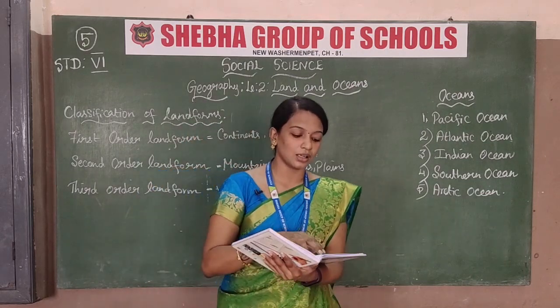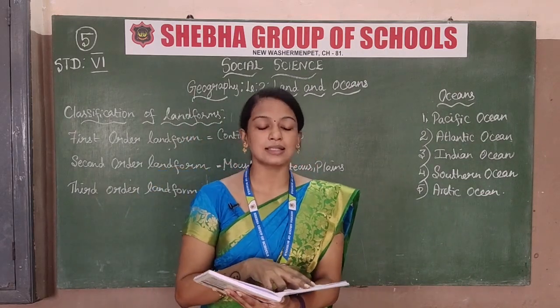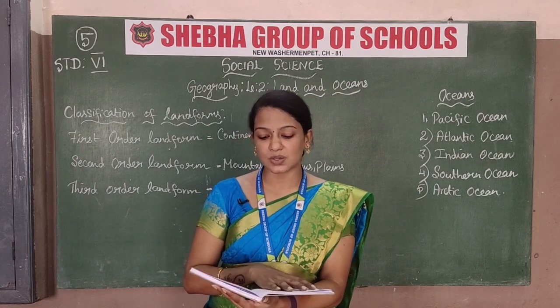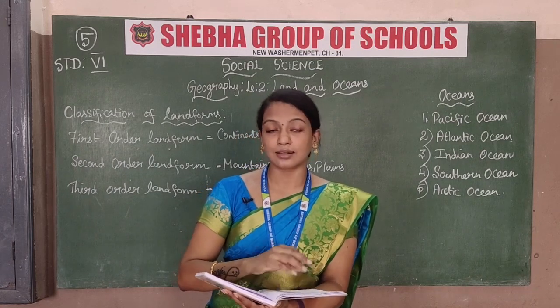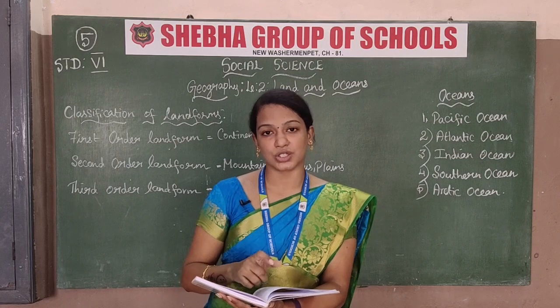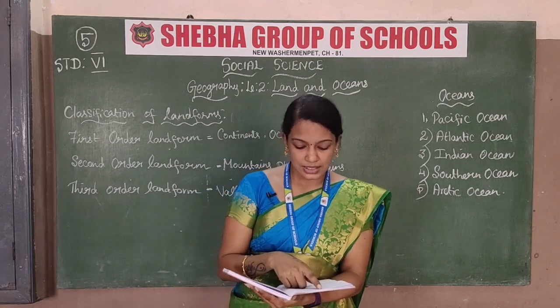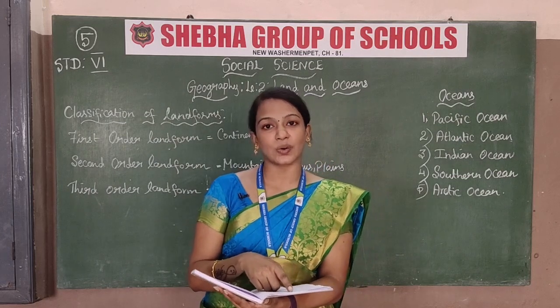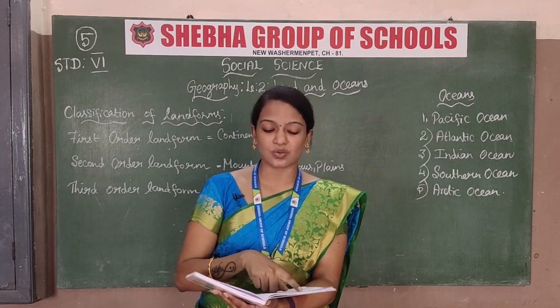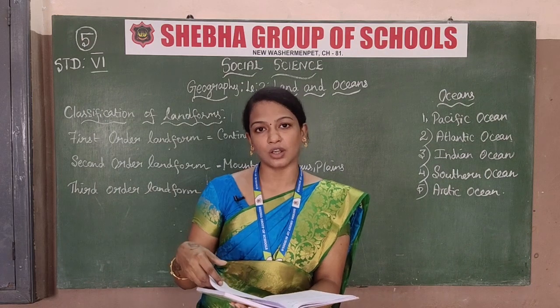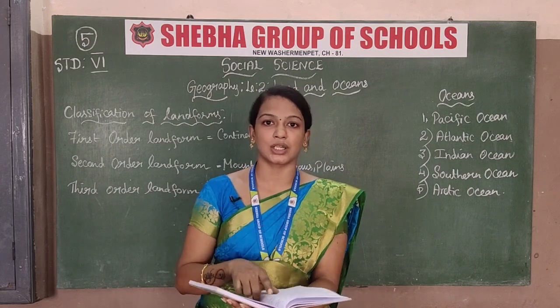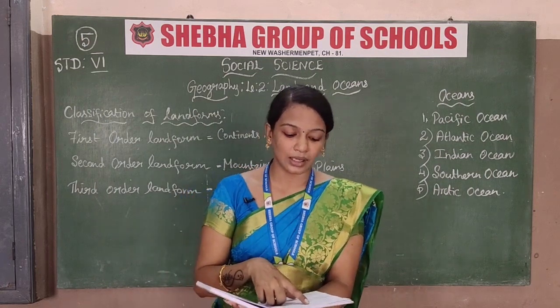The Indian Ocean's area is 70.56 million square kilometers. This is the third largest ocean, and it is triangle in shape. In the Atlantic Ocean I told you it is S in shape, and here it is triangle in shape.